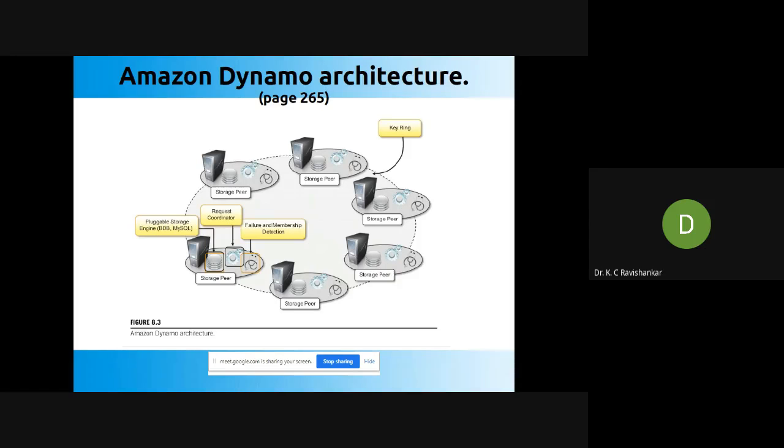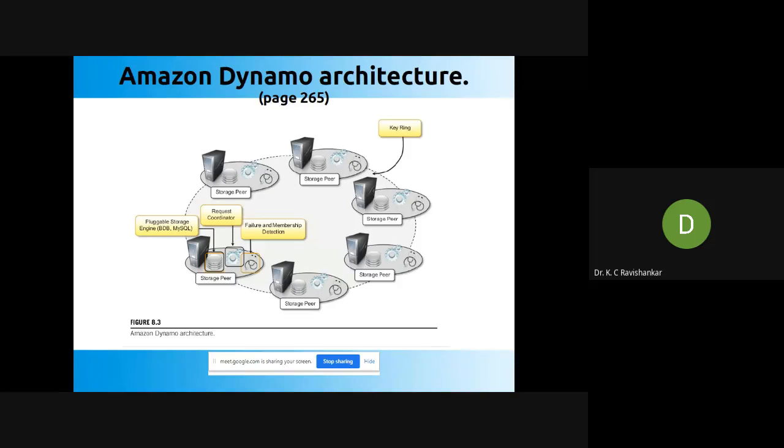So here is the Amazon Dynamo architecture. You can go through the picture here. There is a storage peer connected as a network. Then there is a pluggable storage engine, BDB and MySQL. As I said just now, MySQL is also available here.